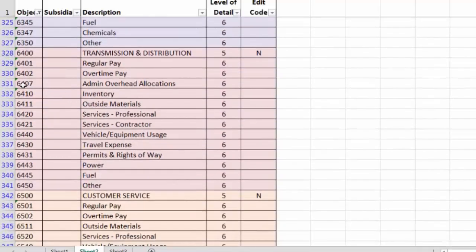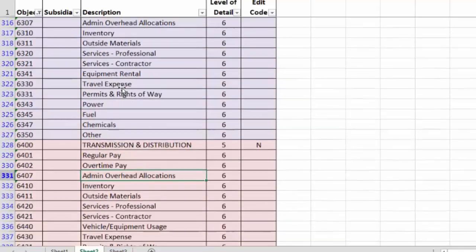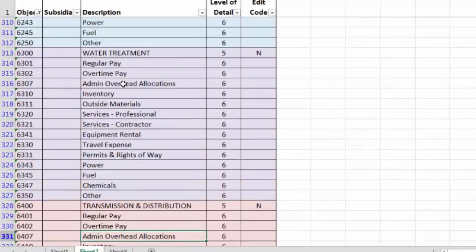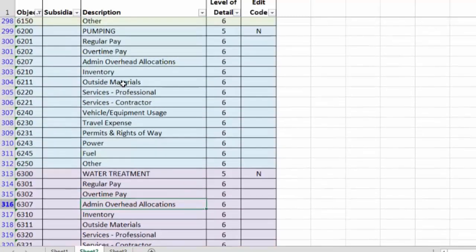Another thing I want to point out here is 07, administrative and overhead allocations. When charging to jobs like water treatment, transmission, and distribution, we want to take into account not just actual expenses, but things like the overhead of employee expenses that go to the administrative overhead allocations for jobs.